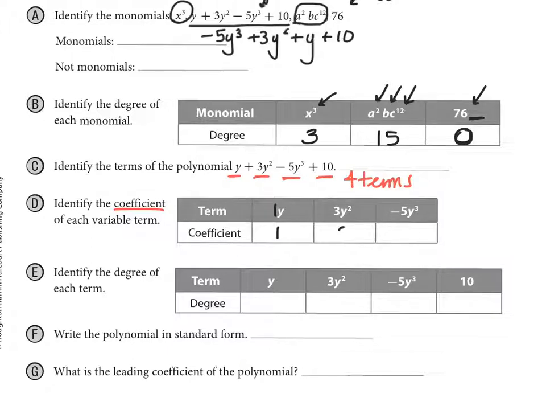The coefficient of 3y squared is 3, and negative 5y to the third is negative 5. And then the degree of each, we already talked about that. So writing in standard form, again, is just to rearrange it so it's from highest to lowest.